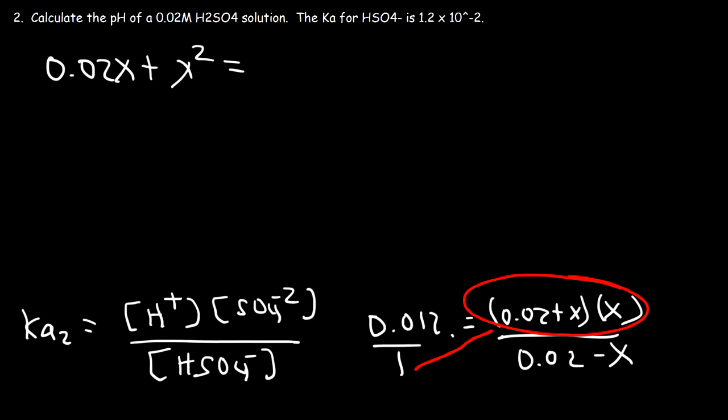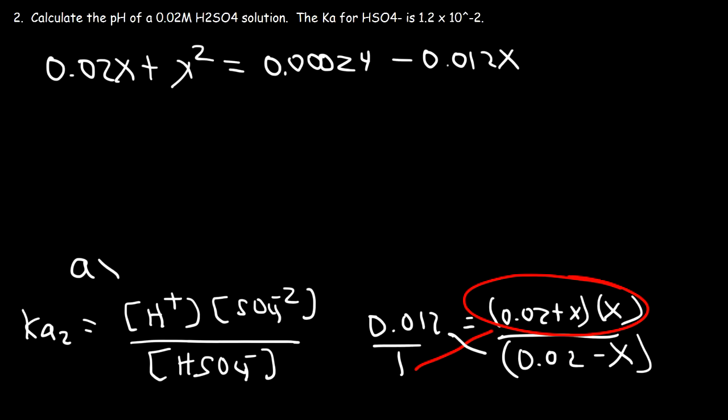And then 0.012 times those two. If you multiply 0.012 by 0.02, that's 0.00024. And then minus 0.012x. Now we need to put it in standard form for a quadratic equation. So we want to write it like this. On the left, I already have x squared.